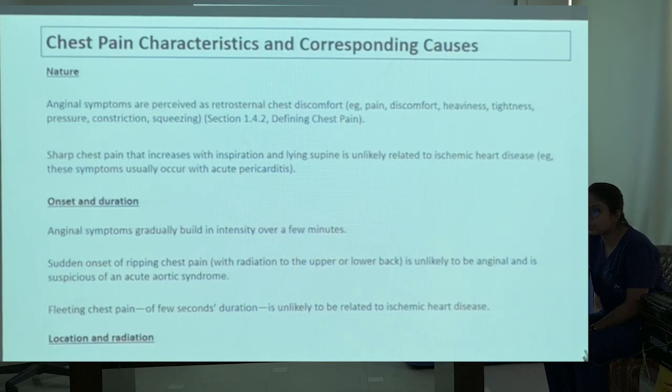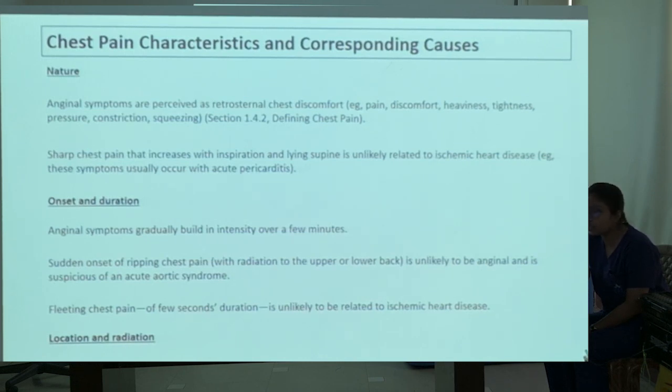As for onset and duration, anginal symptoms gradually build in intensity over a few minutes. Sudden onset of ripping chest pain with radiation to the upper or lower back is unlikely to be anginal and is suspicious of an acute aortic syndrome. Fleeting chest pain of a few seconds' duration is unlikely to be related to ischemic heart disease.